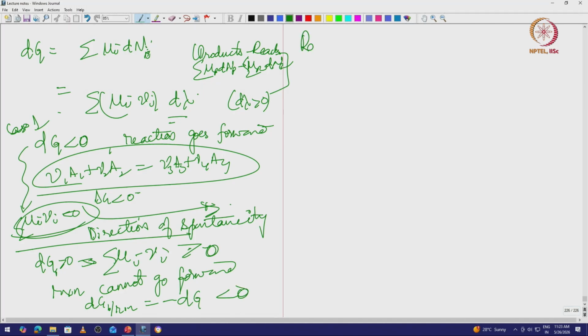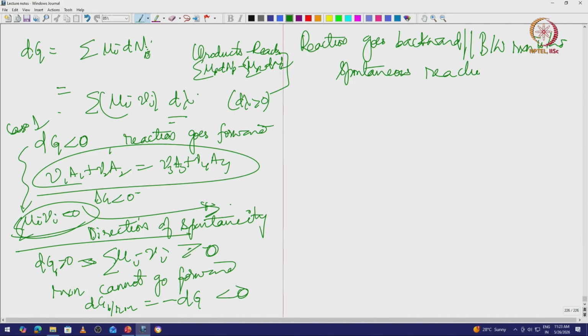So, the reaction goes backward. Or in other words, the backward reaction is the spontaneous reaction.